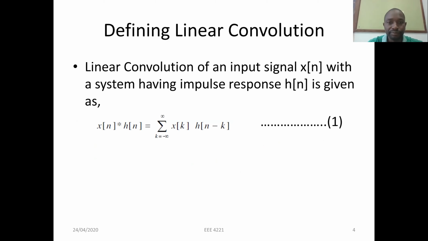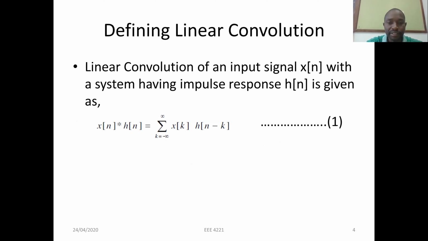Now, let's define what linear convolution is mathematically. Mathematically, linear convolution is where you have two signals, x of n and h of n, interacting in a linear time invariant system to leave an output y of n.